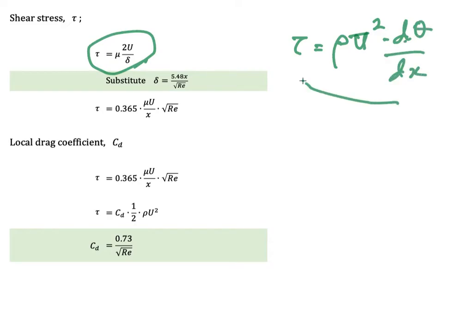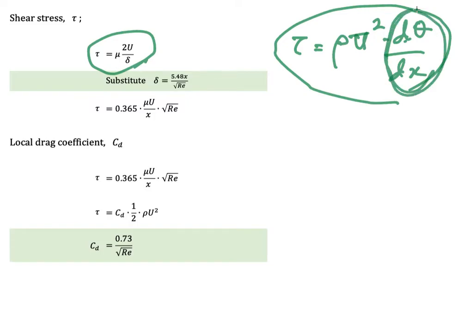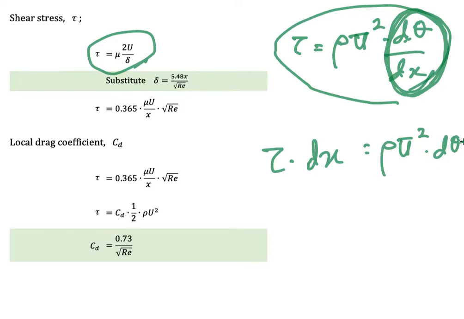The value here is not complete because it still has the differential form d theta dx, so you cannot calculate. If you still want to use this, you need to do tau dx equal to rho u square d theta, integrate both sides and so on and so forth, and then you will get the value of delta. So it will take time.